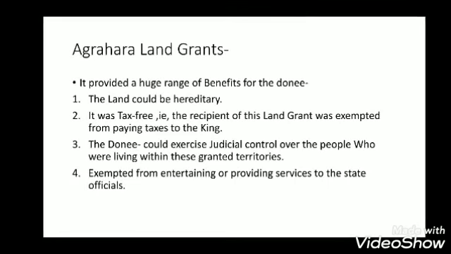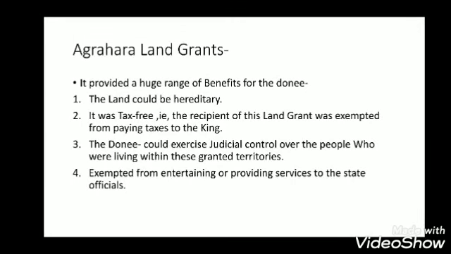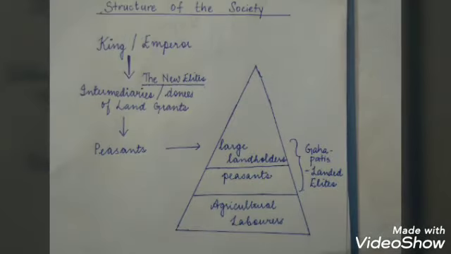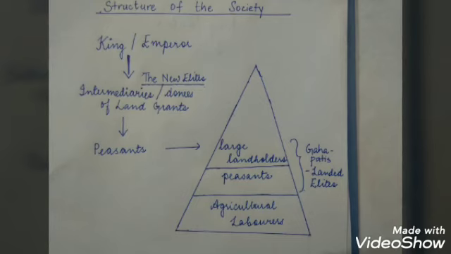So what happens with the introduction of land grants? Now this part is not given in your book, so please pay attention. For the first time, a class of intermediaries is born. Till before this time, there was the king as the overlord and the peasants who were taking care of their land.